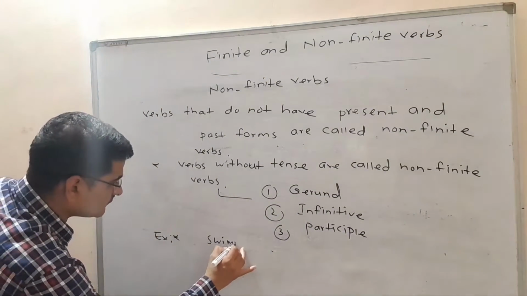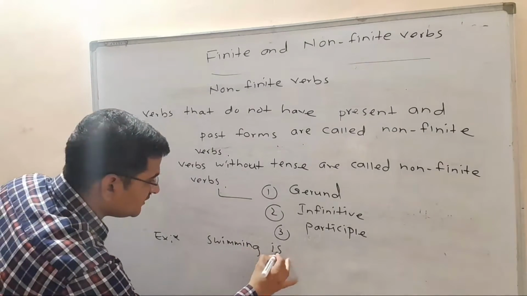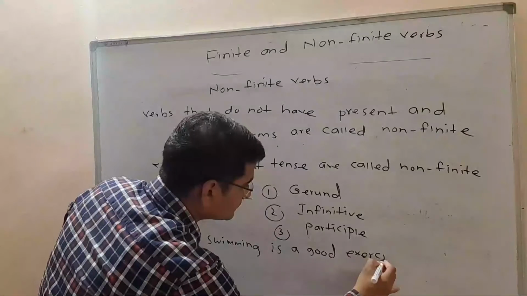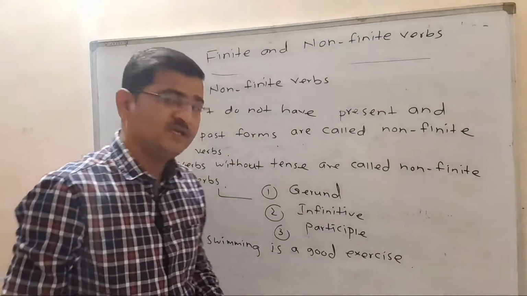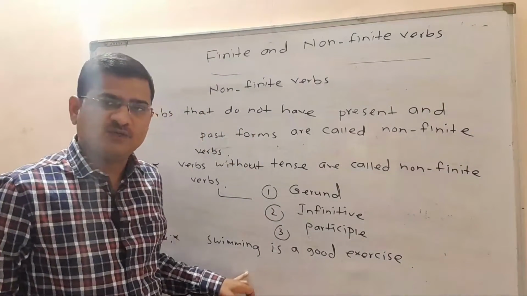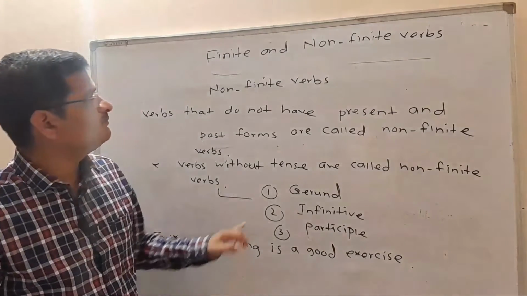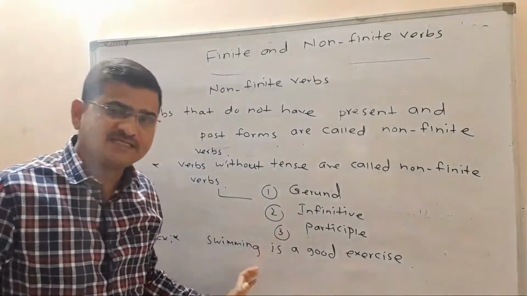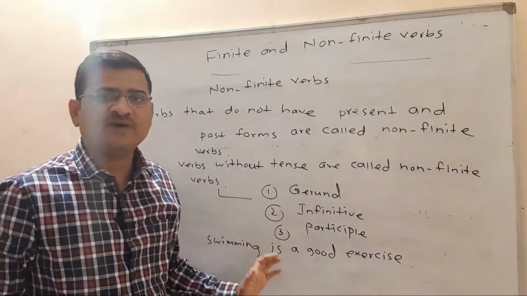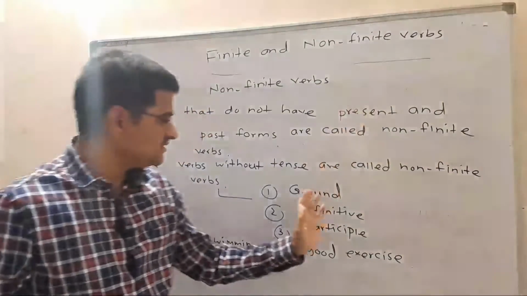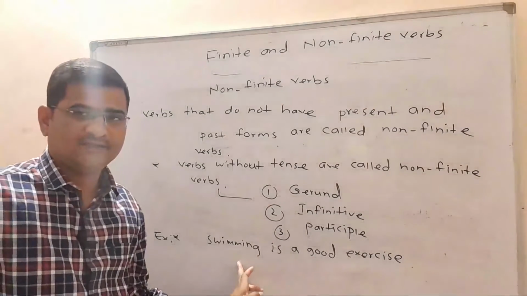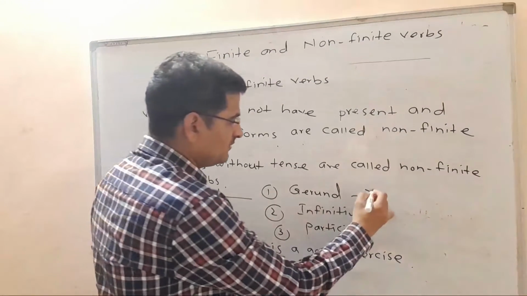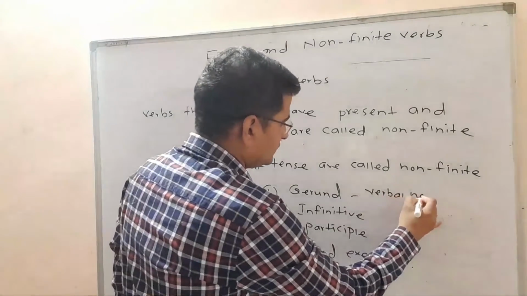Swimming is a good exercise. So here swimming is an example of a non-finite verb, and it is a gerund. Why? Because it is used as a verbal noun. Gerund means verbal noun.